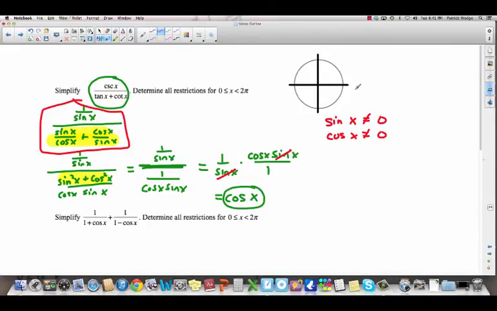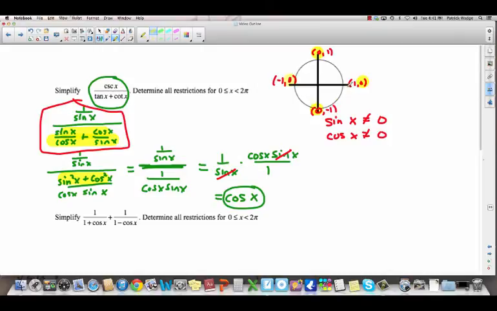Now, when do those two things happen? Well, remember the unit circle. 1, 0 is this point, 0, 1 is this point, negative 1, 0 is this point, 0, negative 1 here. Where does sine x equal 0? Sine x equals 0 right there, right? The second number is sine. And sine x equals 0 there. Where does cos x equal 0? Cos x equals 0 here, and cos x equals 0 here.